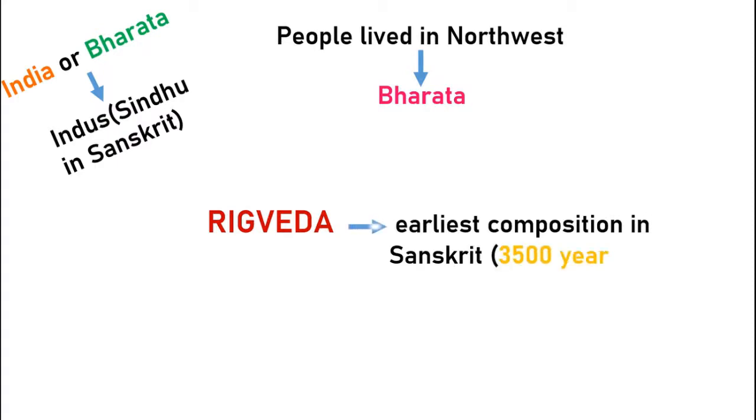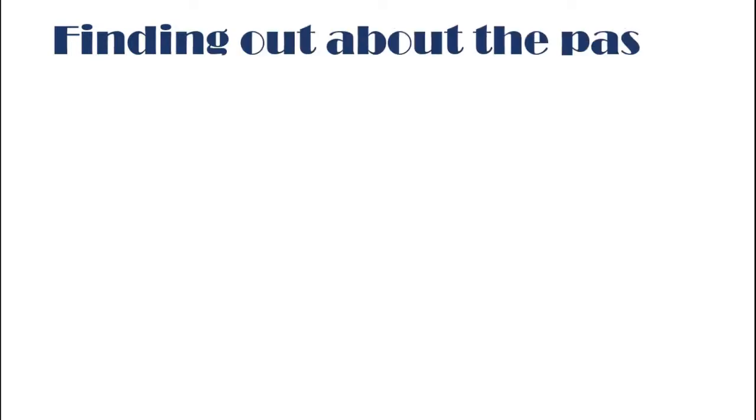The people who used to live in the northwest were called Bharata, and this is mentioned in the very popular Veda, the Rig Veda, which was written around 3500 years ago. So it is mentioned in the Rig Veda that people who used to live in the northwest were called Bharata.